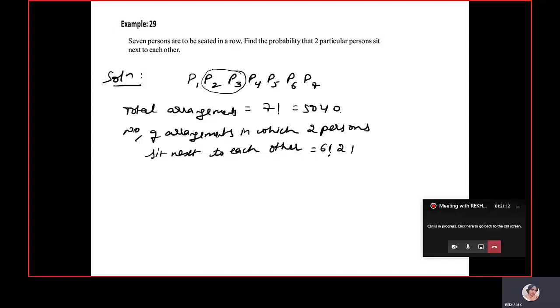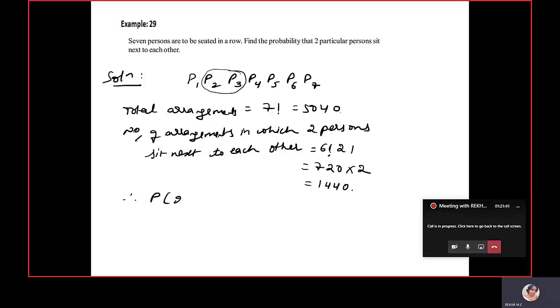So 1, 2, 3, 4, 5, 6. So wherever these 2 persons are sitting, they are sitting together. Therefore this is considered as 1 unit. So 6 factorial, and these people can be again shuffled in 2 factorial ways. So that is 6 factorial into 2 factorial, 720 into 2, that is 1440.